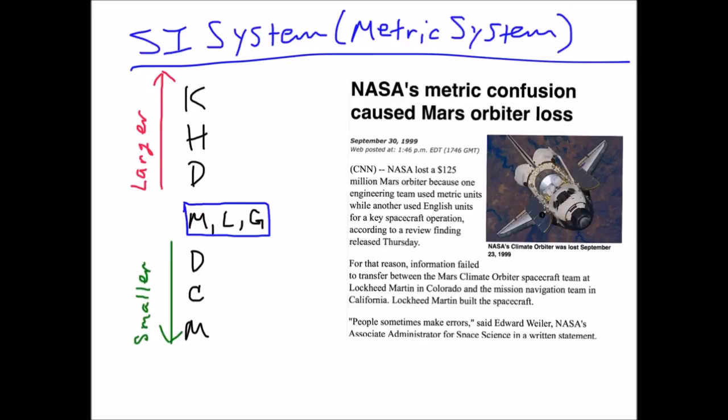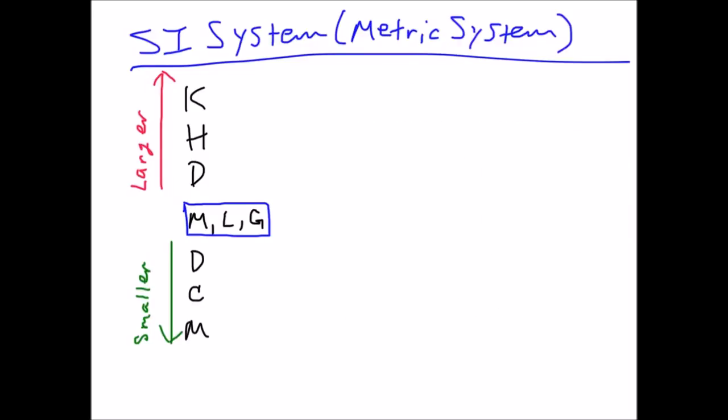When they sent information to each other, neither one of them realized that the other was using different units. Because of that, the operation didn't go according to plan. So it's always important to make sure that you're using the metric system in any scientific calculation that you do. Alright, so let's go ahead and talk about what comprises the metric system.